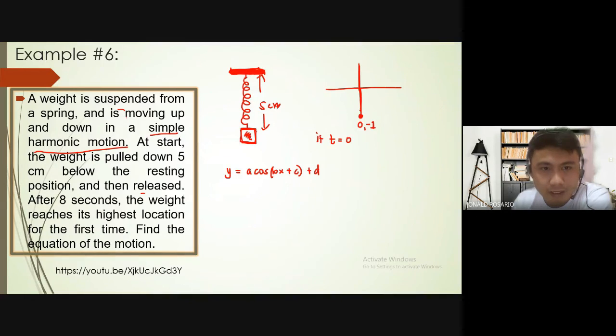So hindi pa siya binibitawan. So ang ating distance ay, of course, 5 centimeters. Pero in terms of the x and y coordinate plane, mali pala yung concept ko kanina.